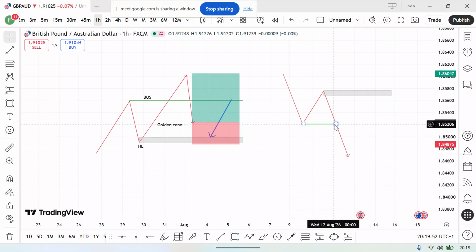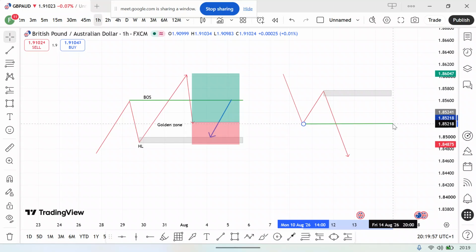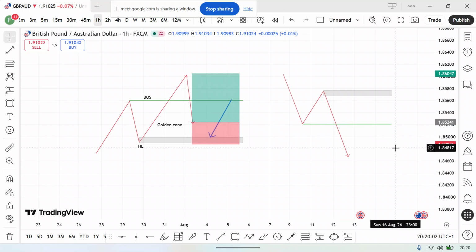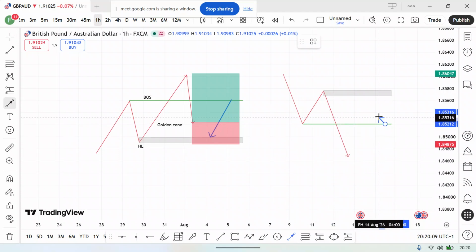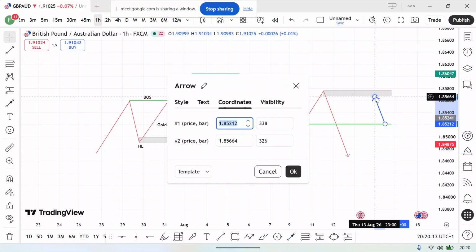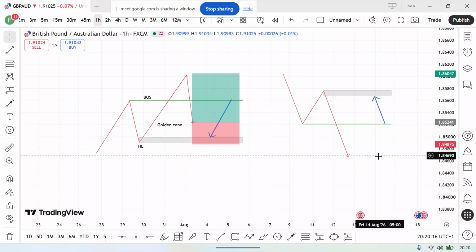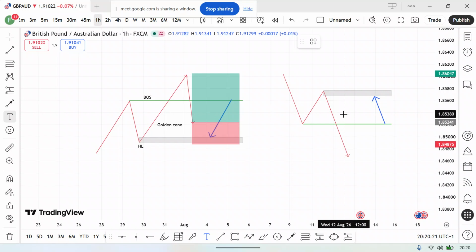Then I extend my break of structure line across to guide me, so I know exactly where I should be waiting for price. I'm expecting price to pull into this area anywhere between this green line and the hash box. I call this area my golden zone.